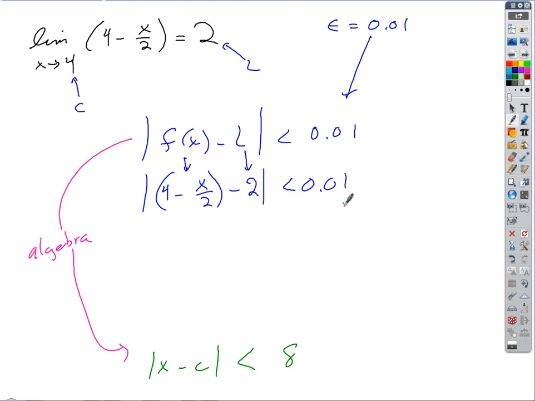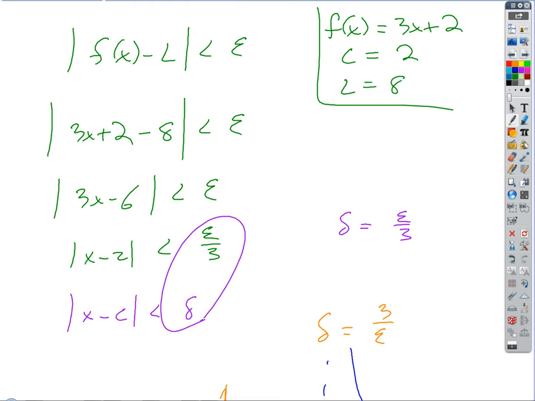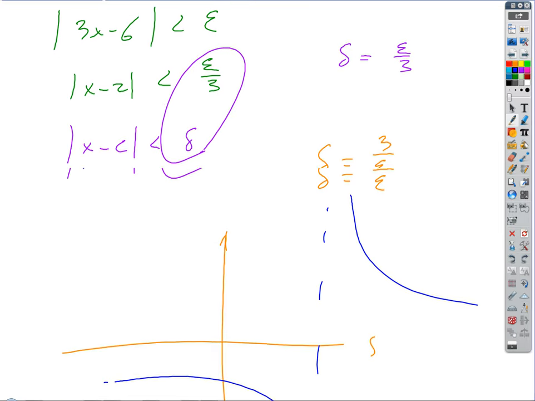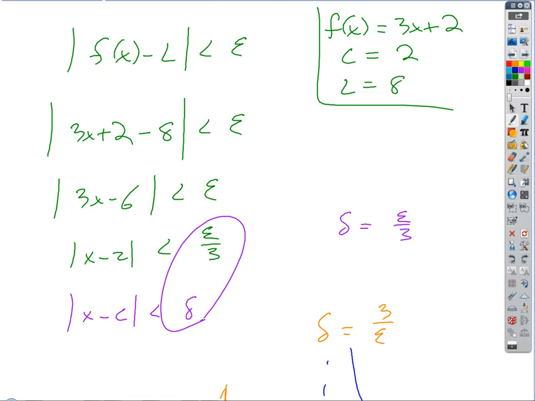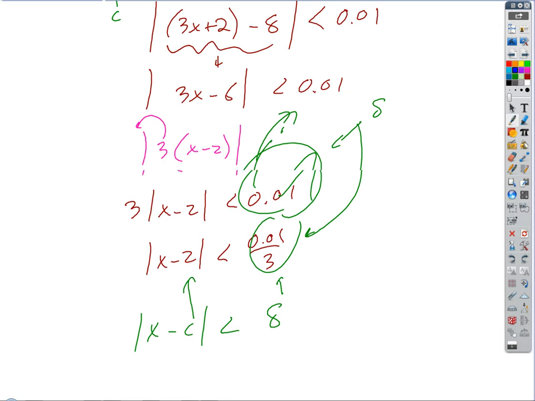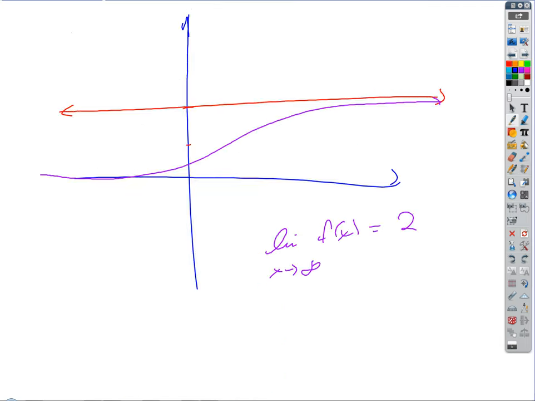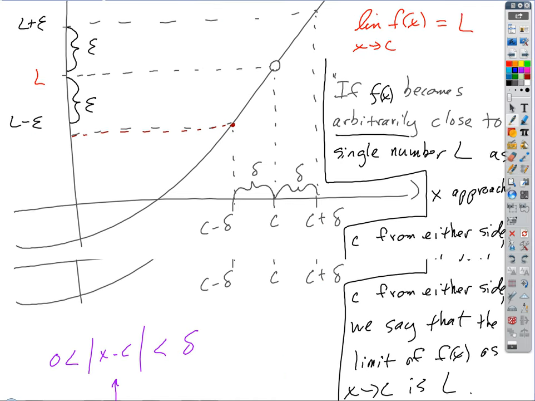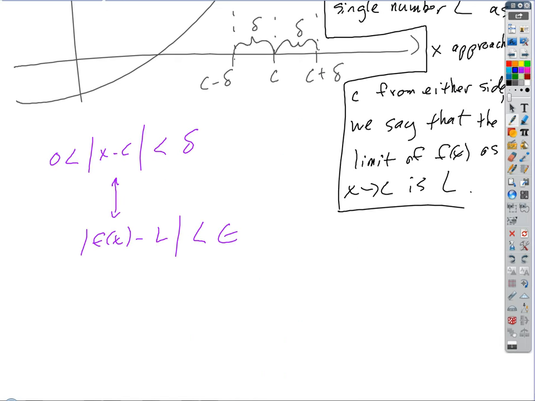Right, because we have to make a connection between these statements.